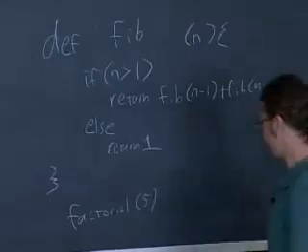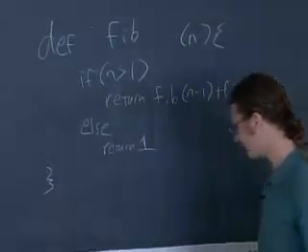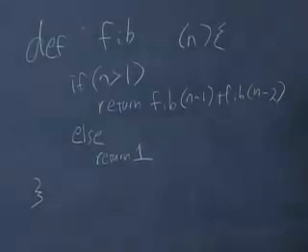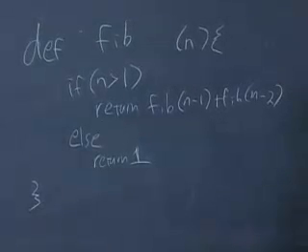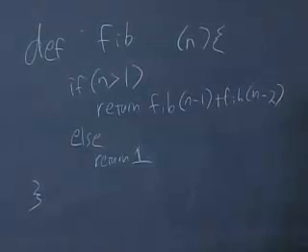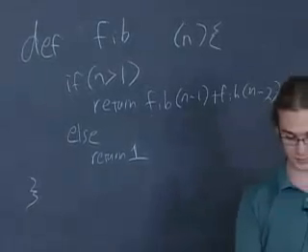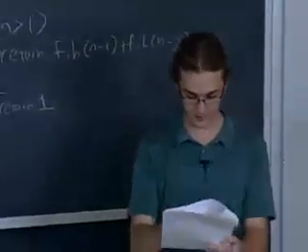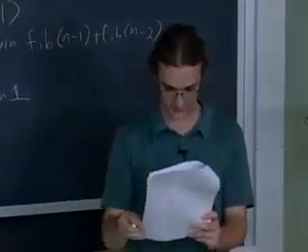And this gives us the Fibonacci numbers, actually. Does that make sense to you guys? In the handout, there are some example outputs of both of these, and you can see that's what happens.